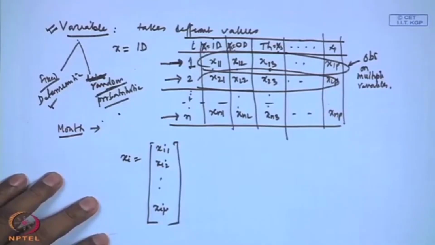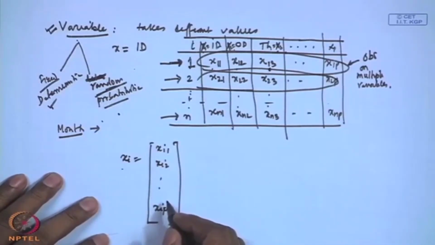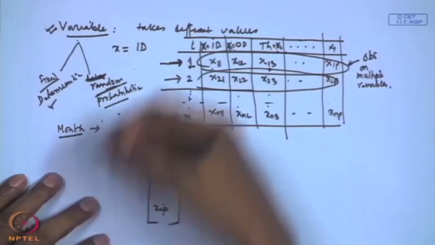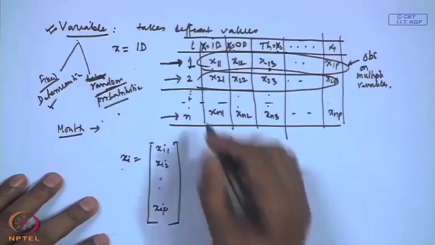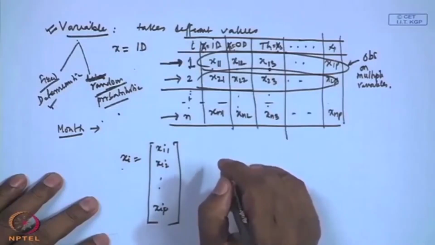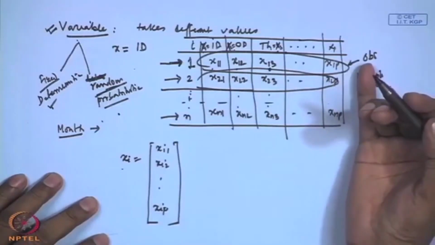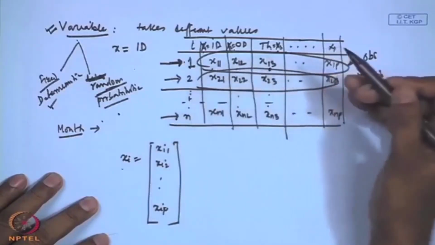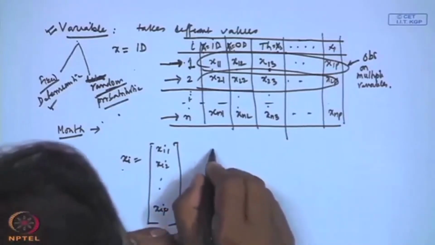So it is a variable vector, that is the ith observation on p variables. When we deal with this type of situation where each of the observations has multiple values, in the sense values on more than one variable, then the situation is a multivariate situation.